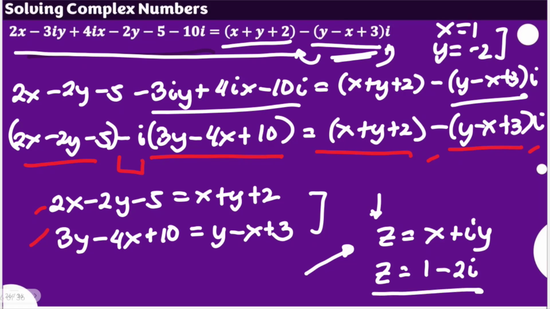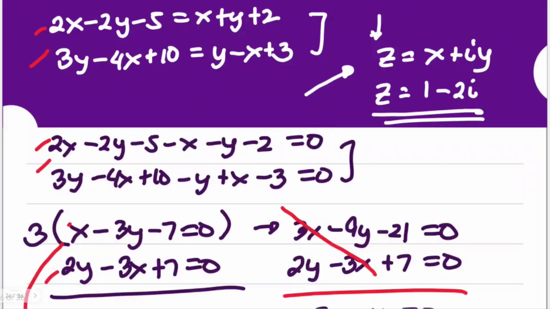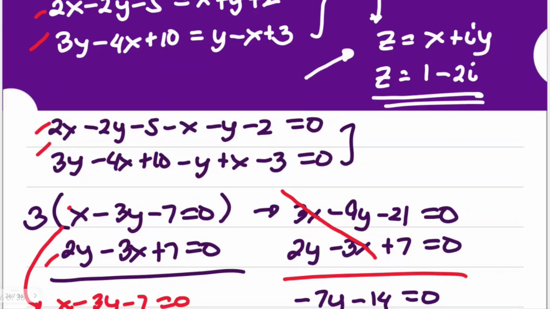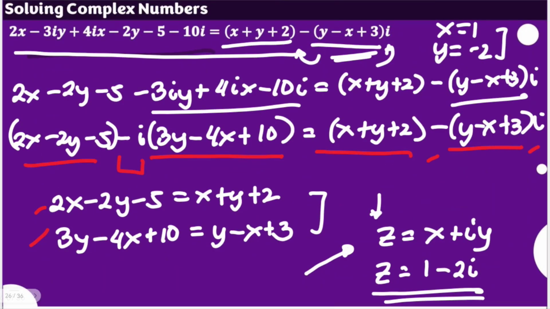This is also acceptable if you would like to write your solution as a complex number. Nevertheless, this is how we do the process, or this is how we solve for a complex number. Simply equate both sides, get the equivalence for the real parts and the coefficient of the imaginary part, and later on solve for the variables. Thank you very much for watching.